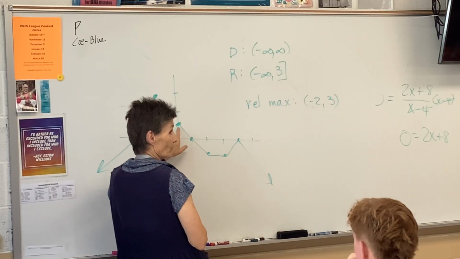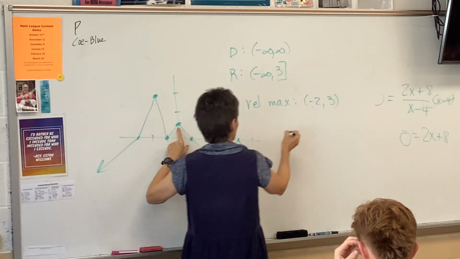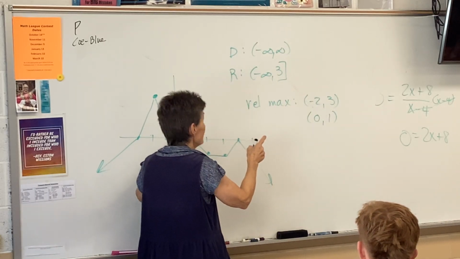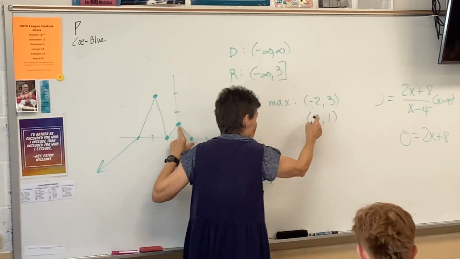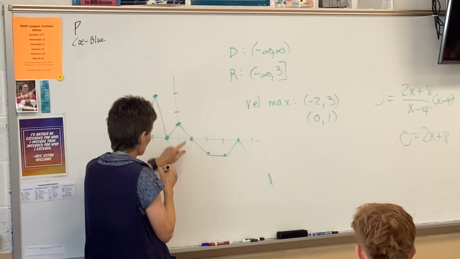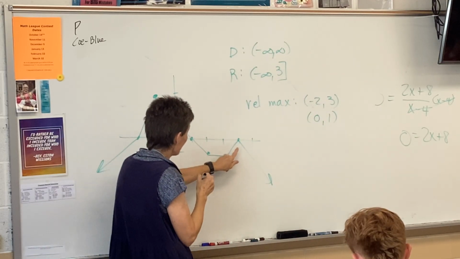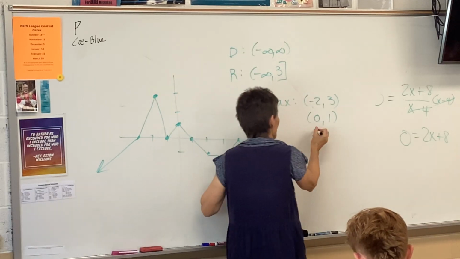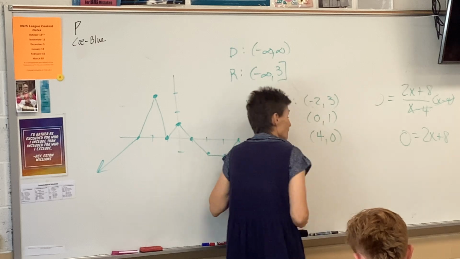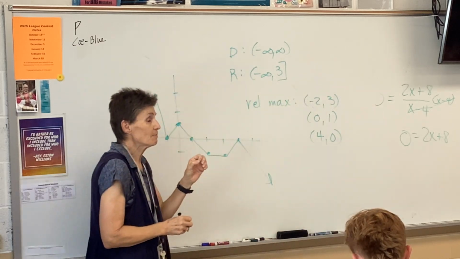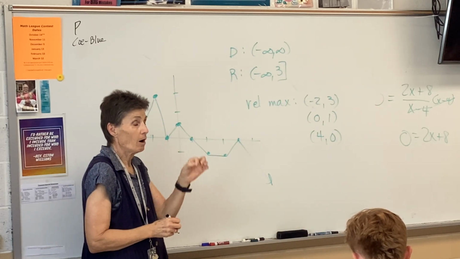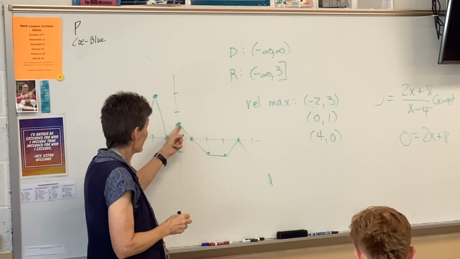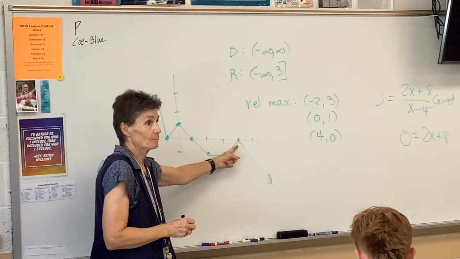Looks like I have one right here, 0, comma 1. Those are points. They're not intervals. These are actual ordered pairs. And then it looks like I have another one at 4, comma 0. Relative things are tops of hills, bottoms of valleys. So that's a top, that's a top, that's a top.